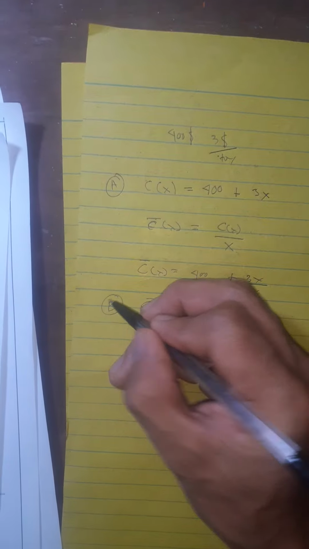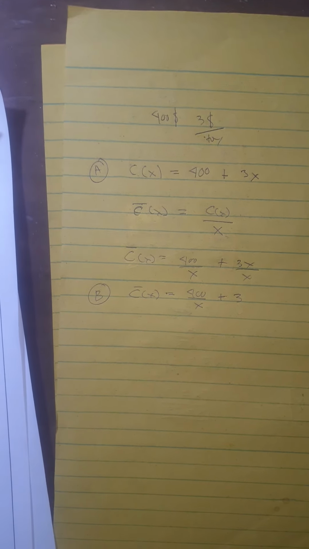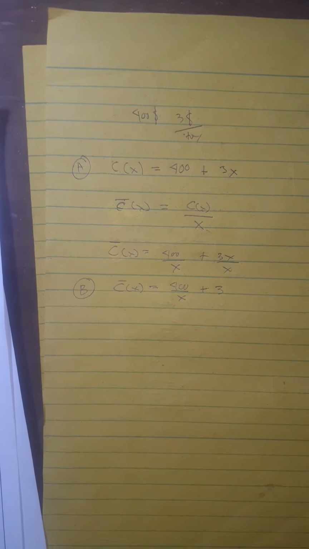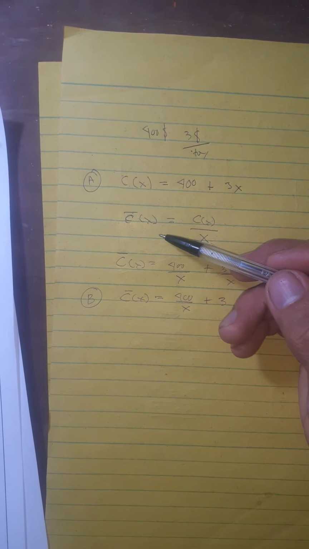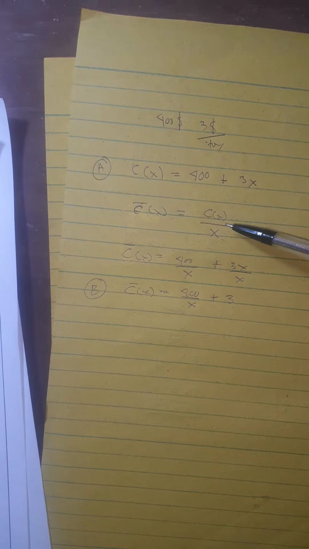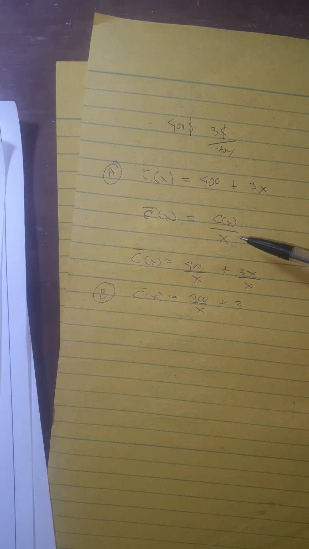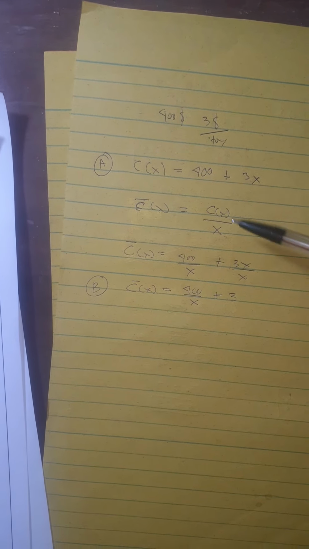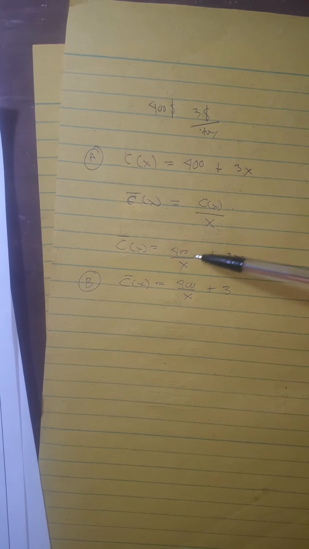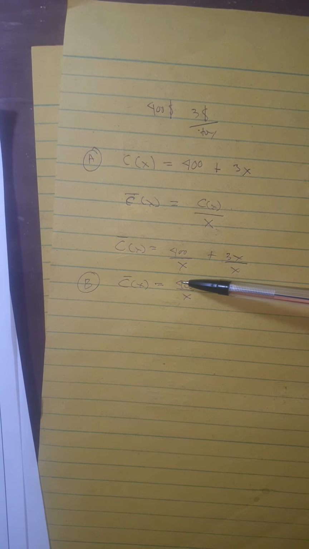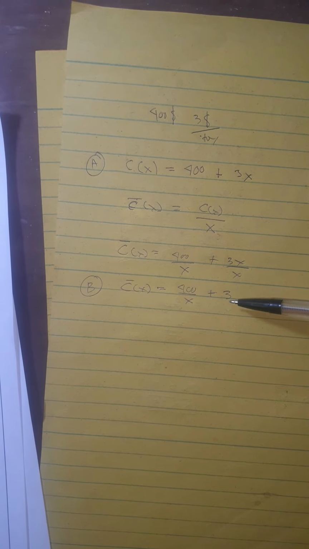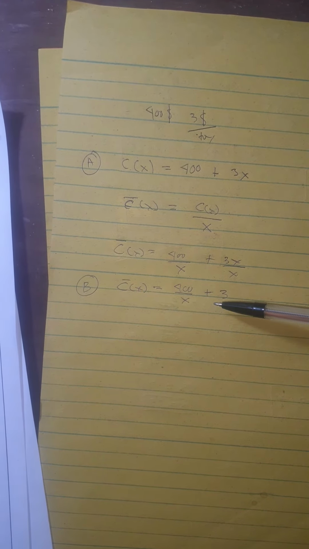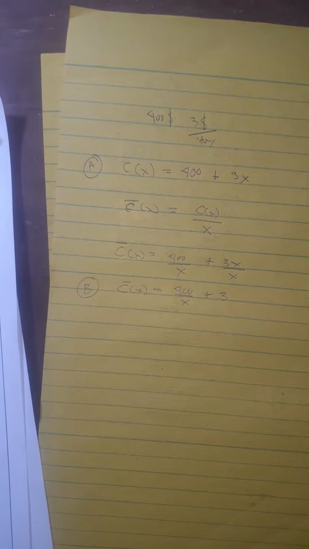That is part b. 400 over x is 400 over x, and 3x over x is 3. So that is the average cost function.